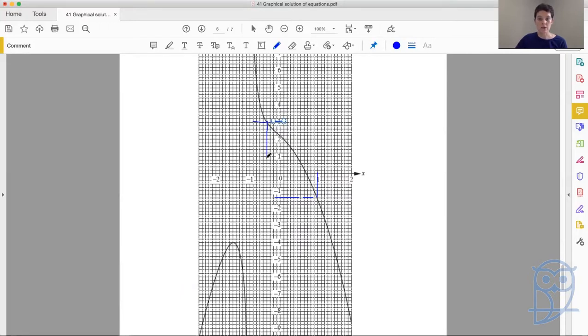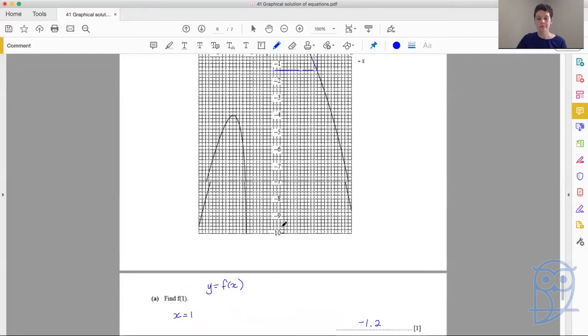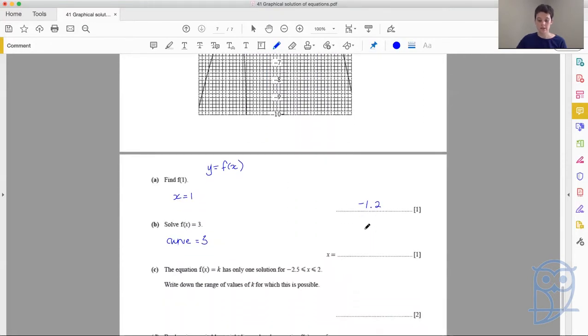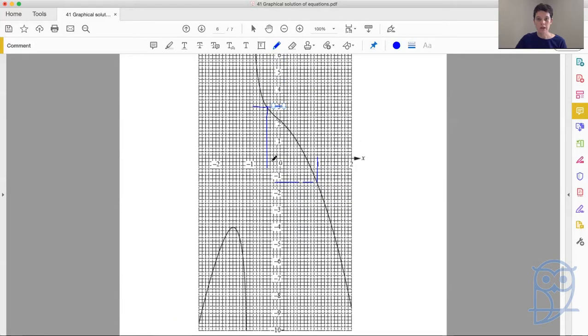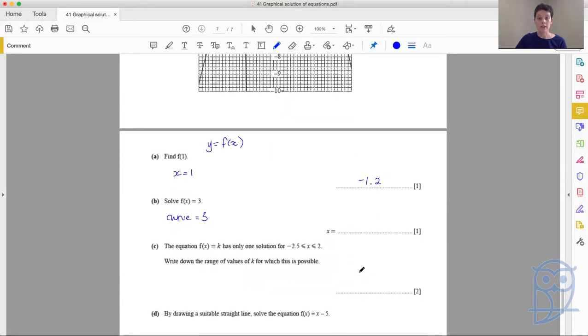We come down to our x-axis. Our x-axis is going in tenths, so we are going 0.1, 0.2, 0.3, 0.4, minus 0.5. So x equals minus 0.5 when f(x) equals 3.